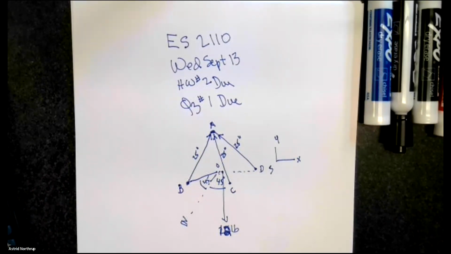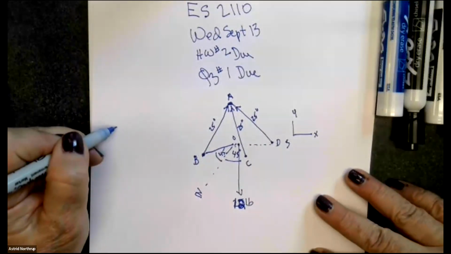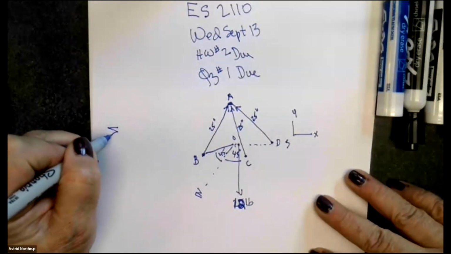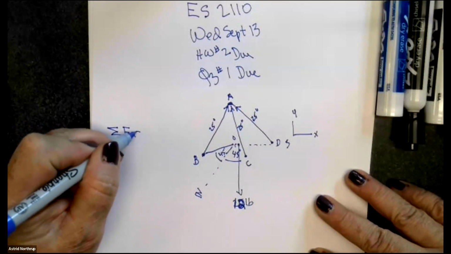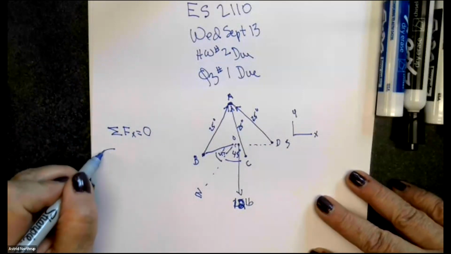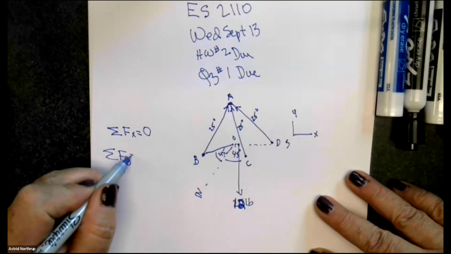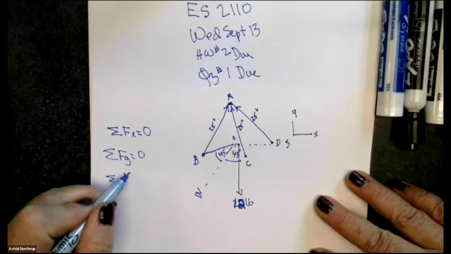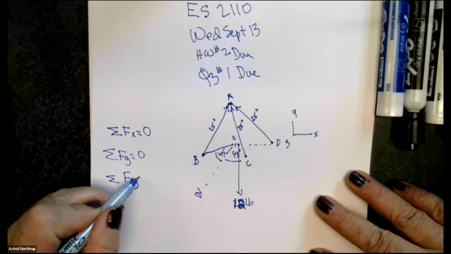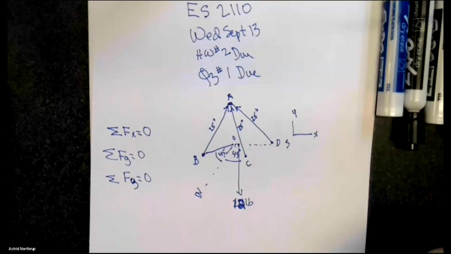So basically, this is what we know. In order for this to sit still, the summation of forces in the x direction has to equal 0, the summation of forces in the y direction has to equal 0, and the summation of forces in the z direction also has to equal 0.